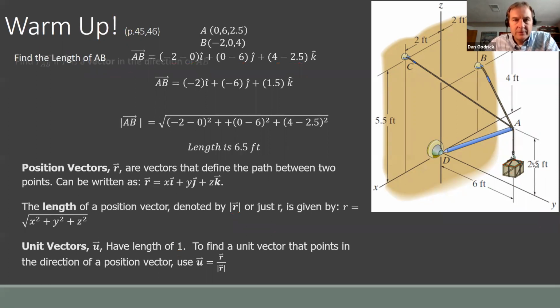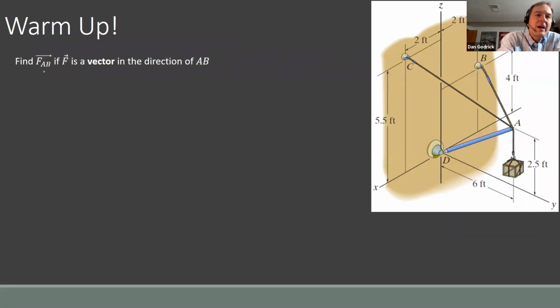All right, so let's do it. If we care about the forces in AB, we have our unit vector, UAB, and we multiply it times whatever force that is, because the force acts in the direction of that cable. So F of AB is a force in the direction of AB.